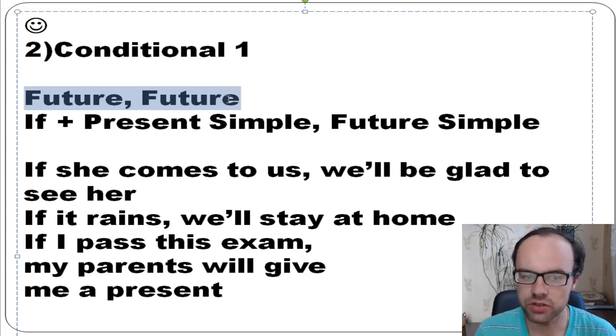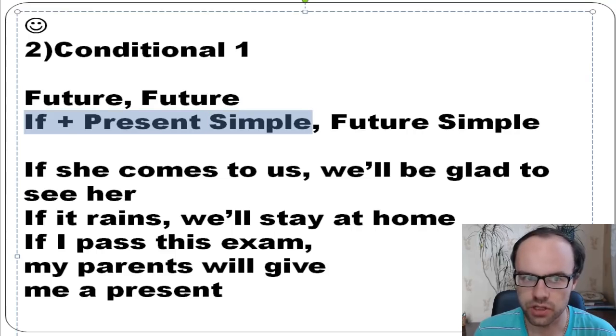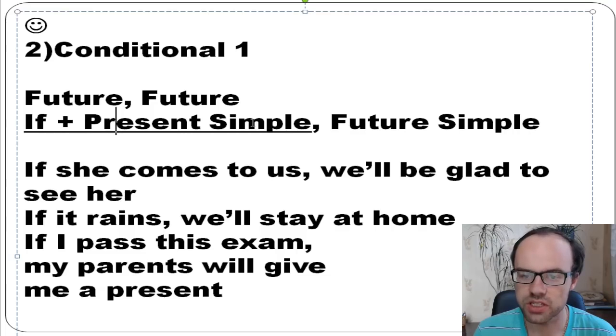But you need to remember one rule, that you use present simple after if. So right, you talk about the future, but you need to use present simple. It's very important. You use it after if or when, and then you use future simple.